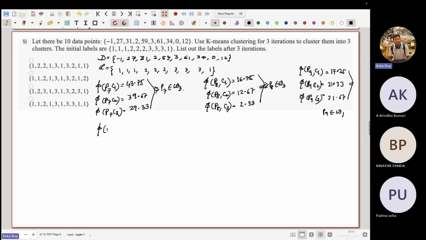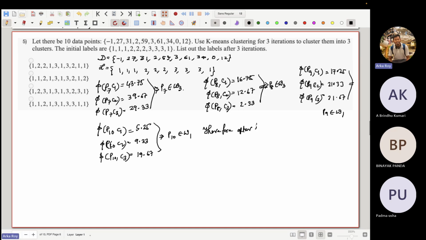And the last one, P10 C1, P10 C2, P10 C3 as 5.25, 9.33, 19.67. P10 belongs to omega 1.